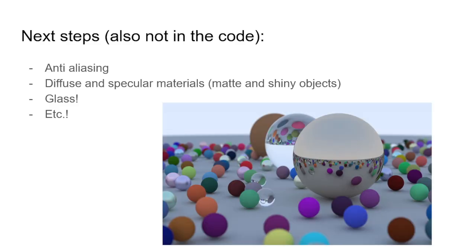So if you want to look a little bit more deeply into this, these are the next couple of chapters in the book. We have anti-aliasing, diffuse and specular materials, glass, etc. Just to explain what these are first. Anti-aliasing is smoothing. You can already see how the edges of this sphere are pixelated. You can see the jags, right?